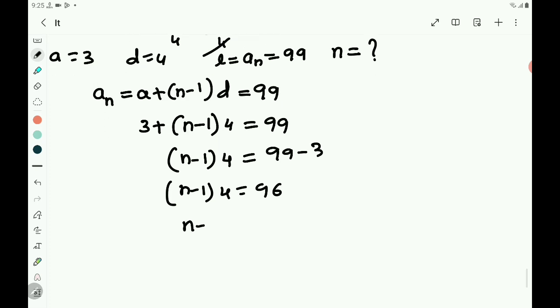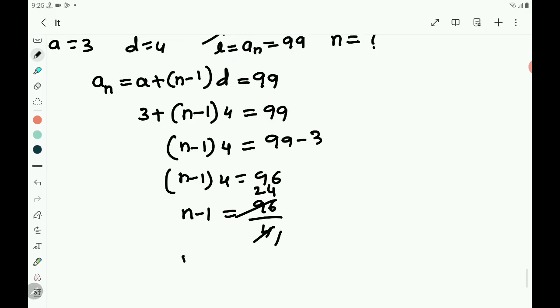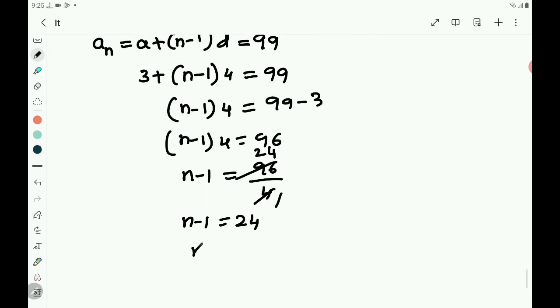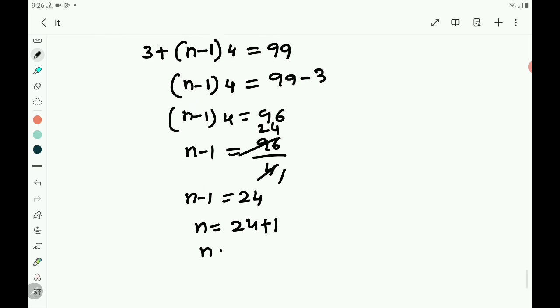Then n minus 1 equals 96 by 4. 4 ones are 4, 4 twos are 8, 4 fours are 16, so 4 24s are 96. You got n minus 1 equals 24. Then n equals 24, transfer this minus 1 to the RHS, it becomes plus 1. Then n equals 25.